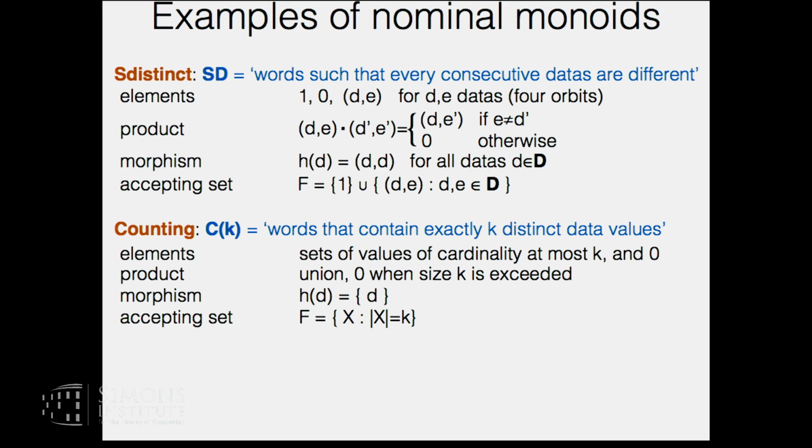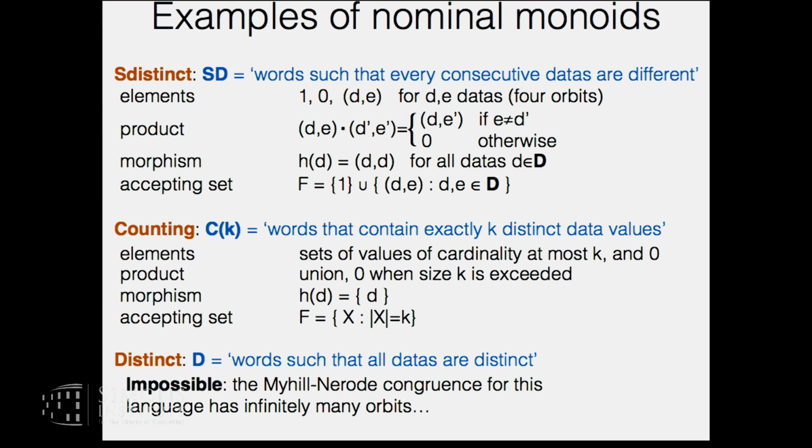So the product is just the union of the sets, but sometimes you exceed k, and then you fall down to 0, right? And the morphism starts from the letter: if you have a letter d, then the only value that you see is d, and then you accept only the sets, those orbits, that have support of size k.